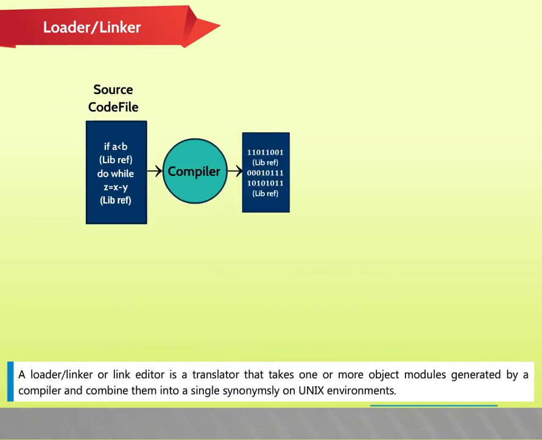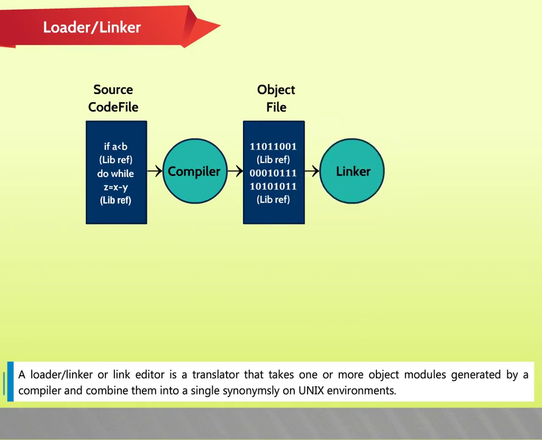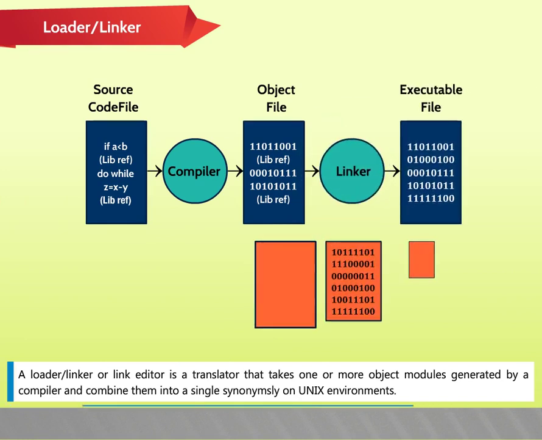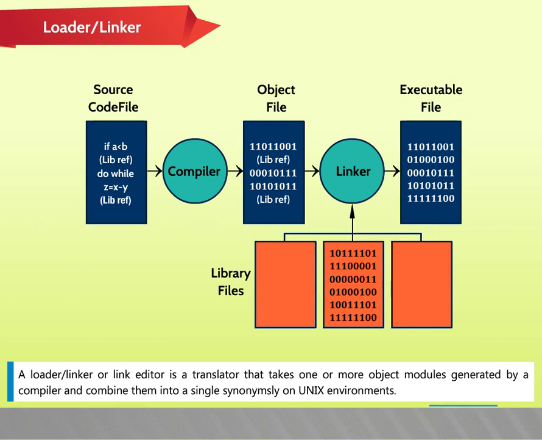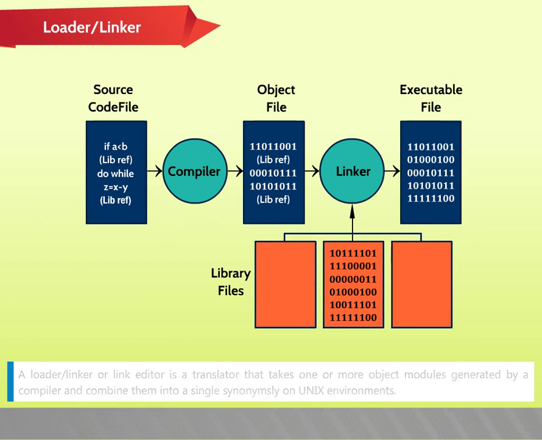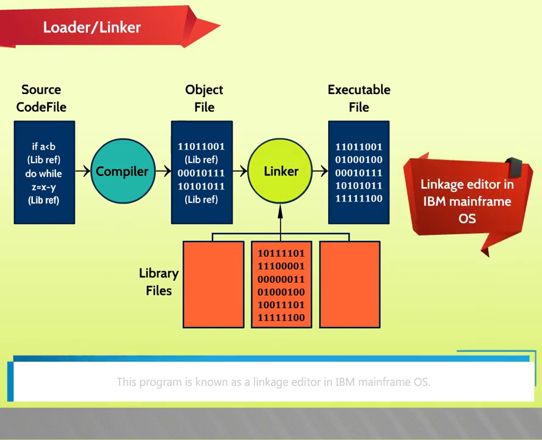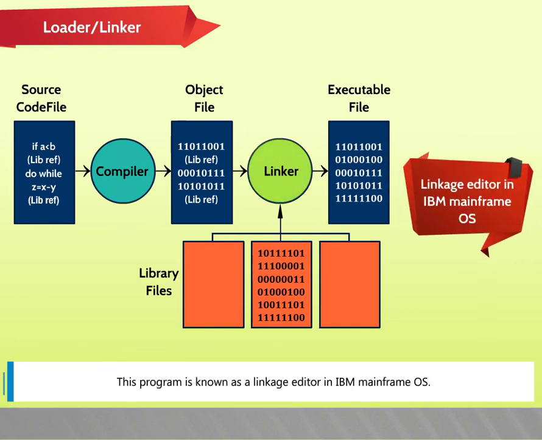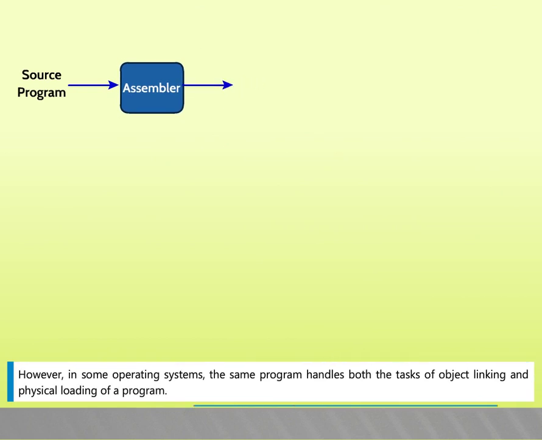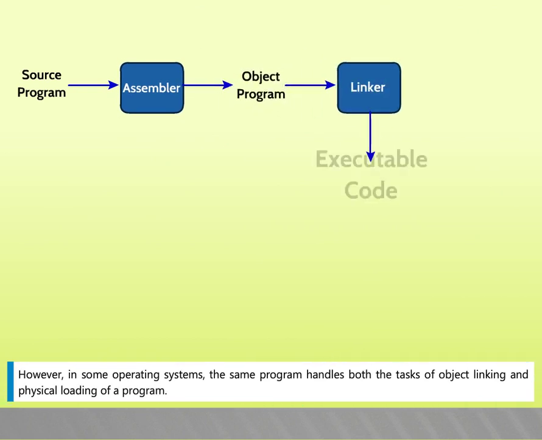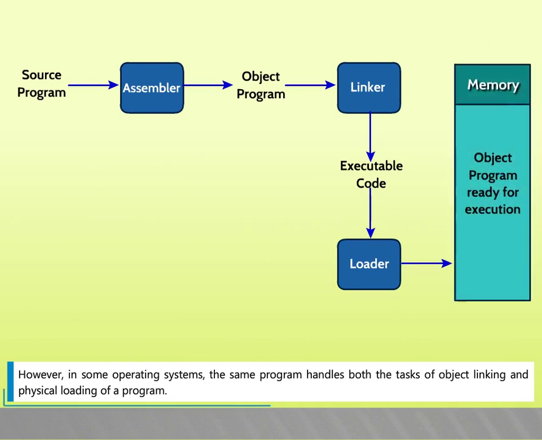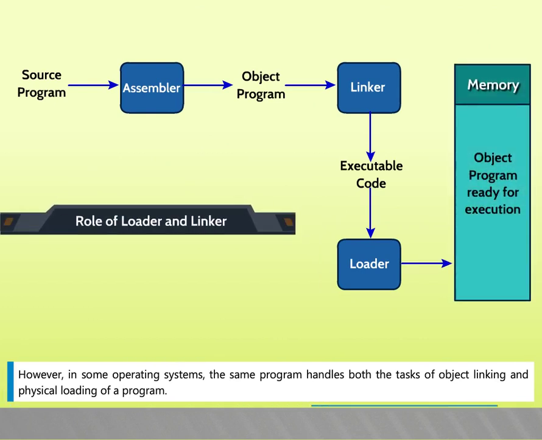A loader or linker or link editor is a translator that takes one or more object modules generated by a compiler and combines them into a single executable program. It is known as a linkage editor in the IBM mainframe OS. However, in some operating systems, the same program handles both the task of object linking and physical loading of a program.